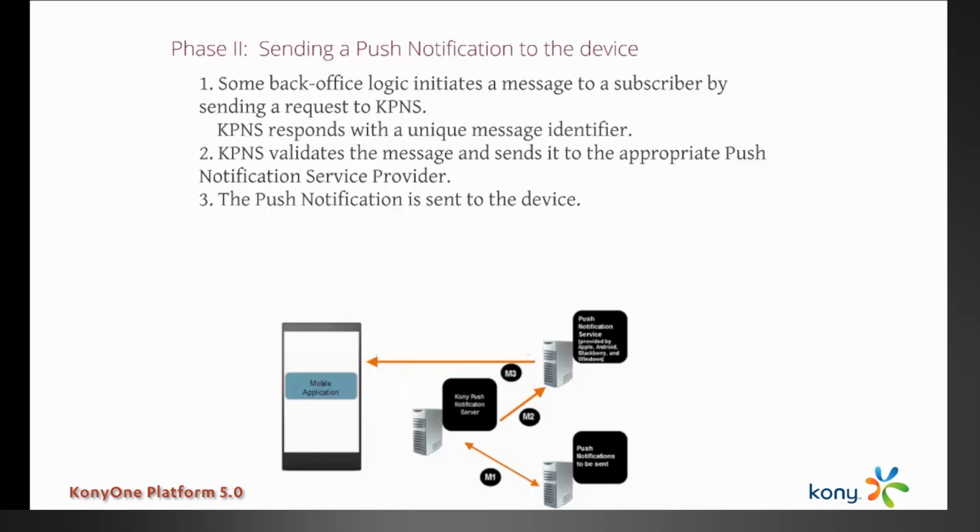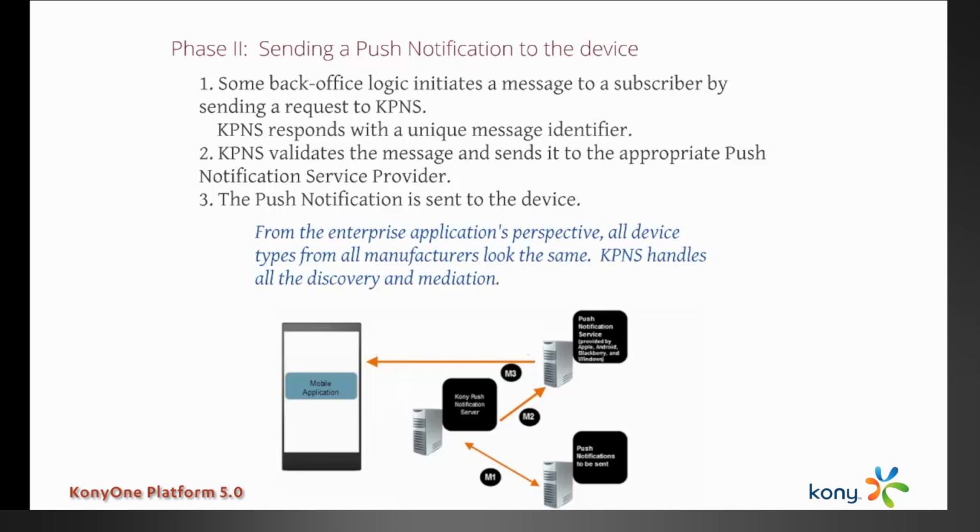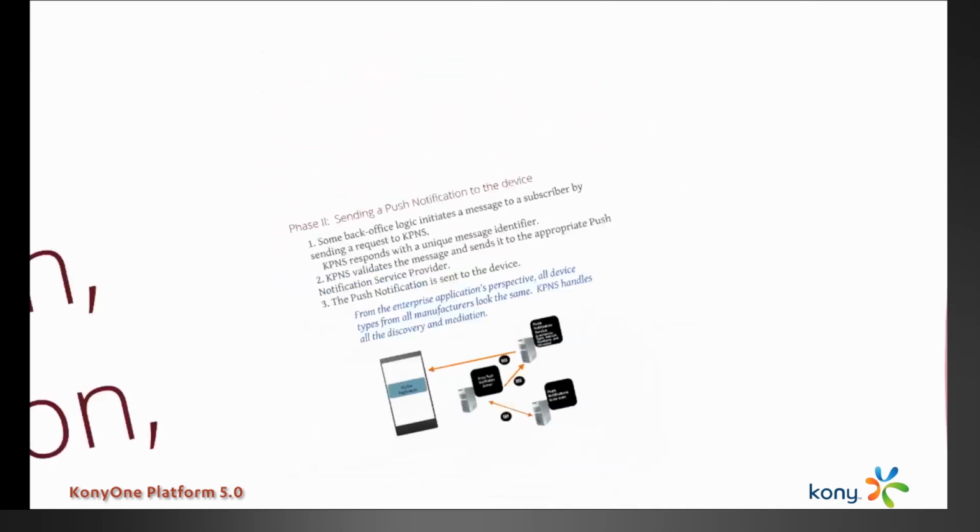KPNS then validates the message, determines the type of device, and sends it to the appropriate push provider network. Finally, the push notification reaches the device. From the enterprise application's perspective, all device types from all manufacturers look the same. KPNS handles all the discovery and mediation.